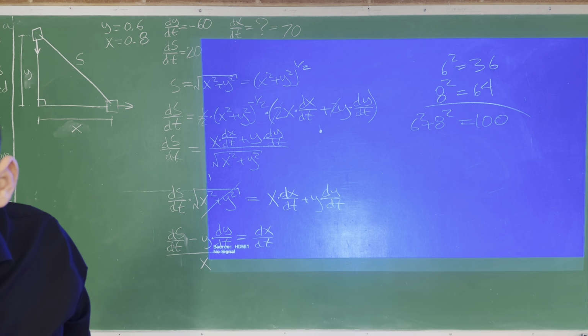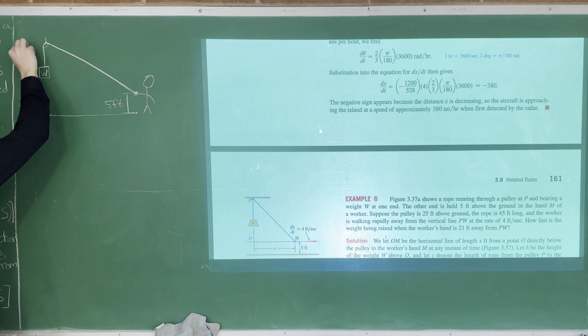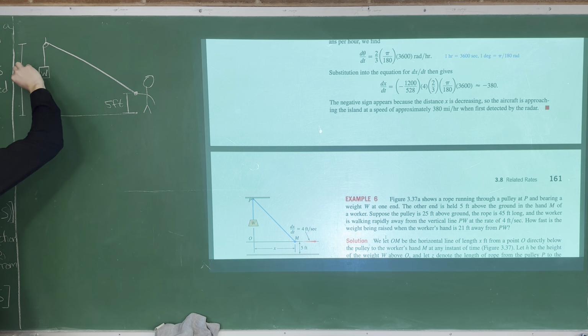Suppose the pulley is 25 feet above the ground. So this right here is 25 feet. The rope is 45 feet long. Let me write that to the side: rope equals 45 feet. Not sure how I'm going to plug that into my picture yet.